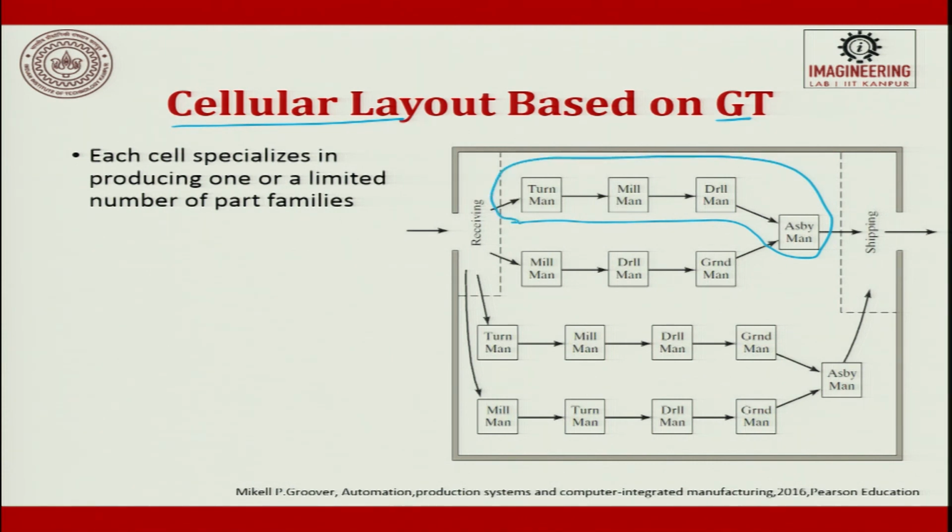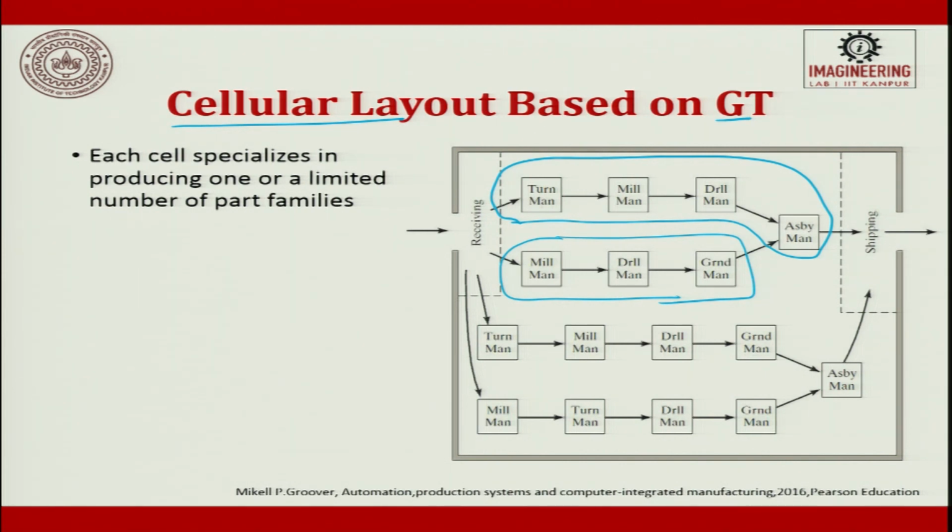So, this is one group, wherein you will have turning machine, milling machine, drilling machine and an assembly station. You will have a second group wherein your turning machine is removed, you will have milling, drilling and grinding leading to an assembly. So, here what I have done is, depending upon the part and the features, I have developed a layout.